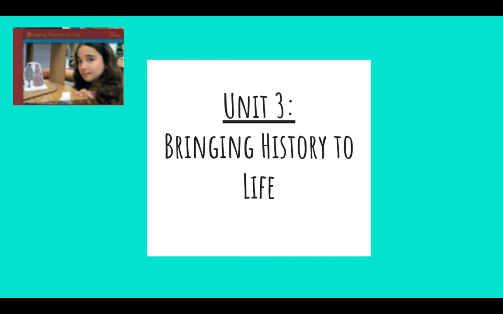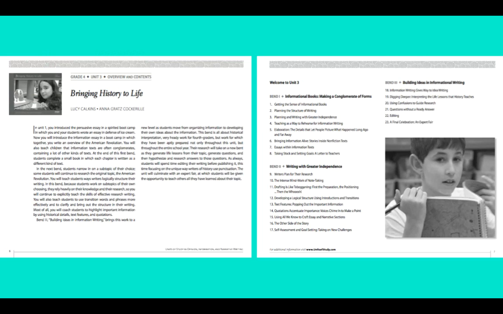Turn to pages 6 and 7. The third unit in the kit is an informational unit titled Bringing History to Life. A summary of this unit is provided on page 6 and in more detail on page 7. There are 3 bends for this unit and a total of 23 sessions.